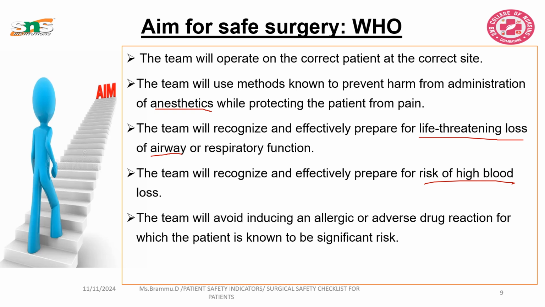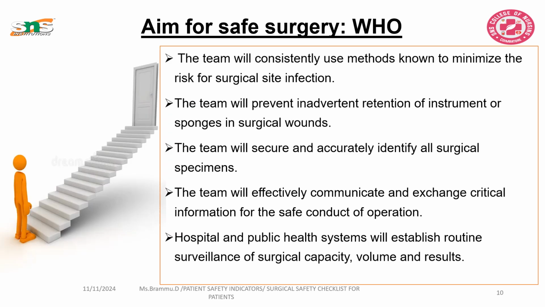The team will also avoid induction of allergic or adverse drug reactions for which the patient is known to be at significant risk. The other major aim is that the team will use methods to minimize the risk of surgical site infection, and we can also plan how many sponges or instruments are used before and after the procedure, thereby preventing unnecessary sponges being left in the patient's abdomen or any other surgical site.